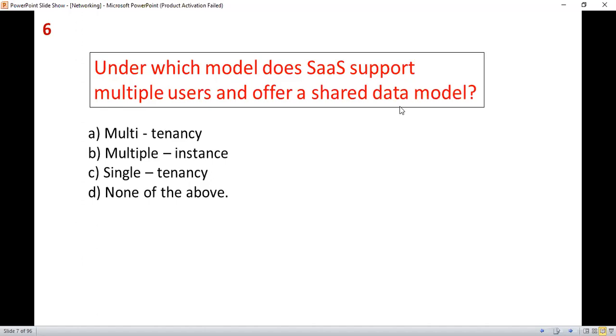What will be the answer for this question? The question is, under which model does SaaS support multiple users and offer a shared data model? Anyone else?